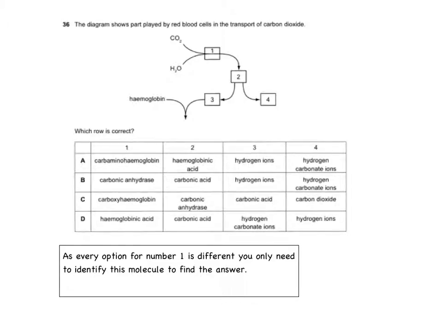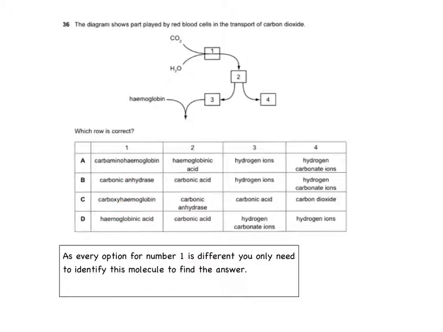This is a good example of the elimination technique. So you look at this and you see all of these things that you have to identify, and your brain goes slightly into a spin. But actually, if you look down each column, what you want to do is you want to look for a column where all 4 options are different, which is this column here. So each thing in column 1 is different.